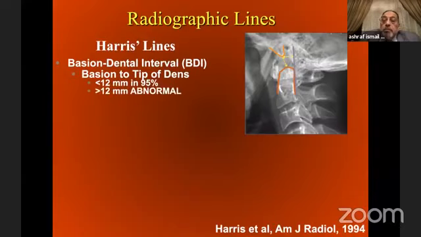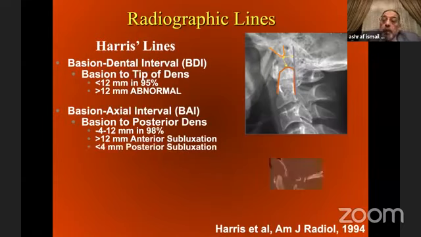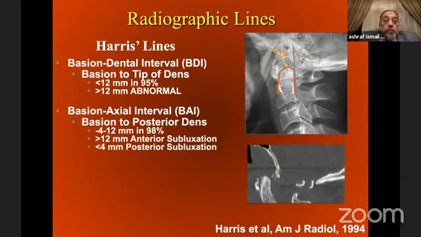basion, these points: the basion, the tip of the odontoid, and the posterior wall of the odontoid.